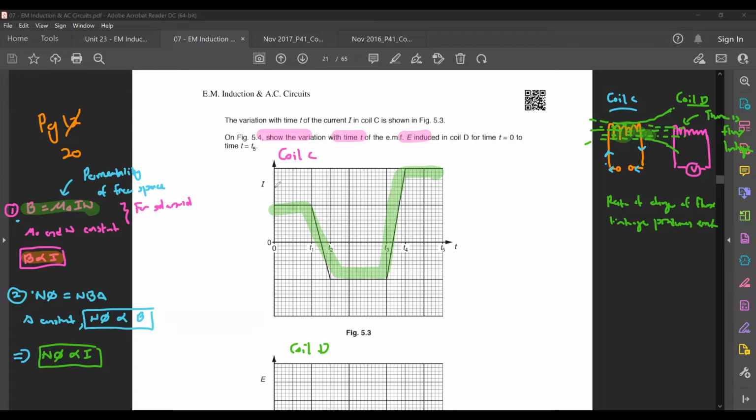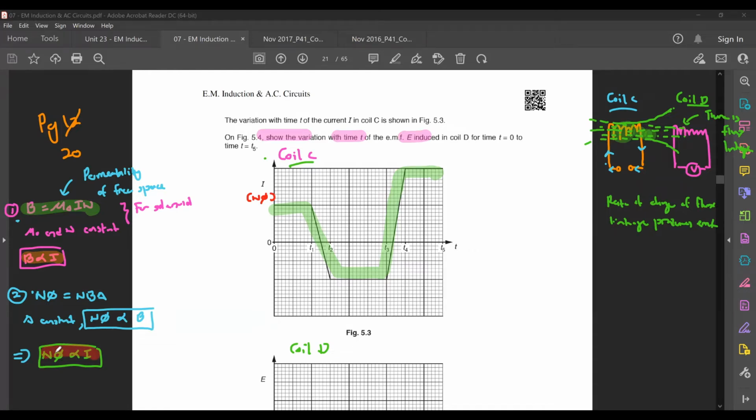So while this graph here for coil C shows us the variation of current with time, it can also be thought of as a graph of flux linkage versus time. In terms of the shape, it will be the same, because here we've seen that flux linkage is proportional to current. So if current is constant, flux linkage is constant.